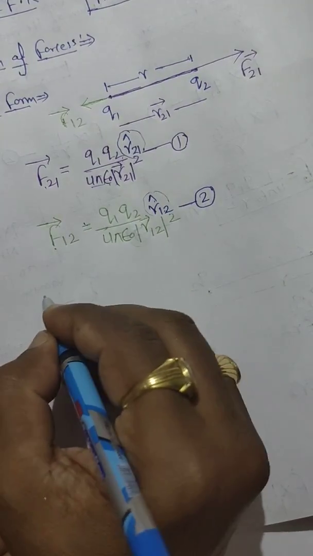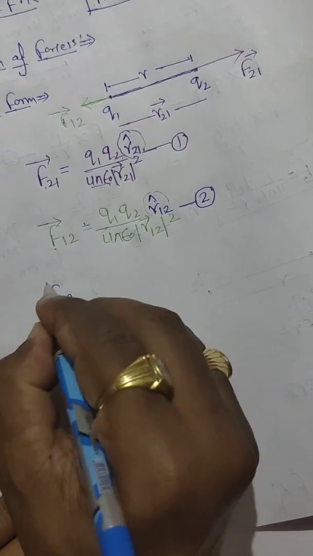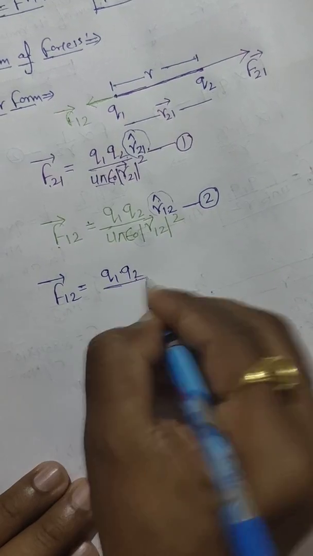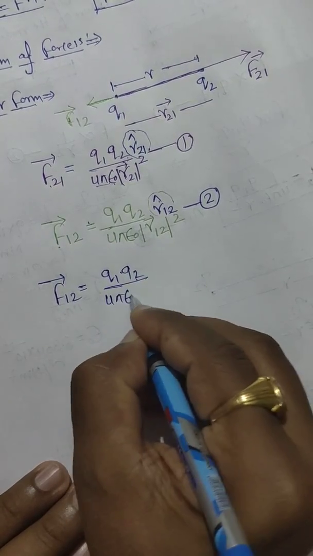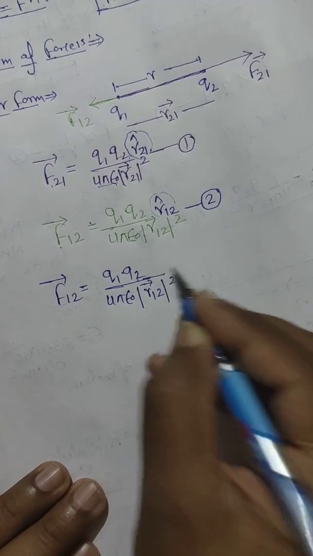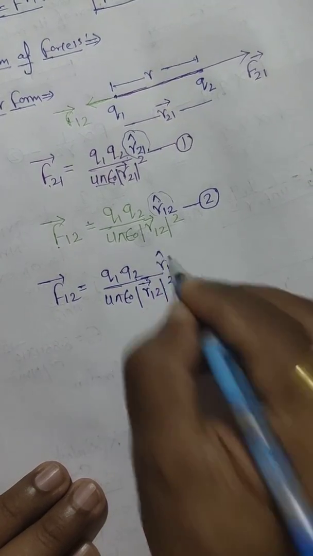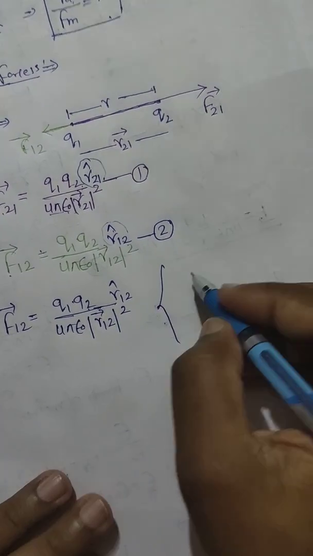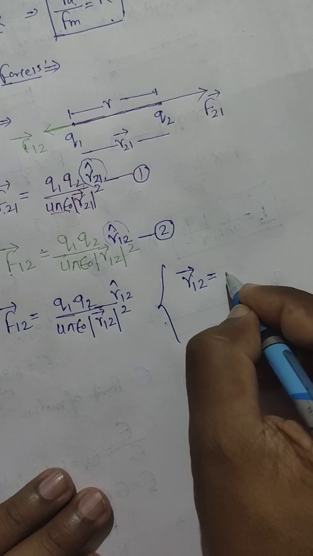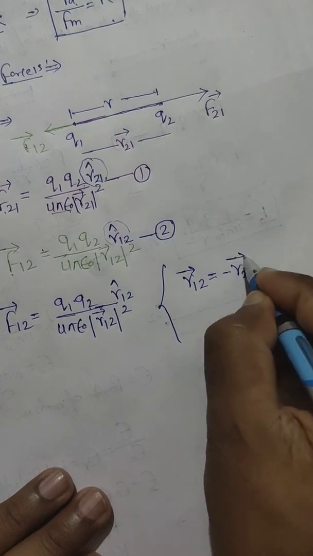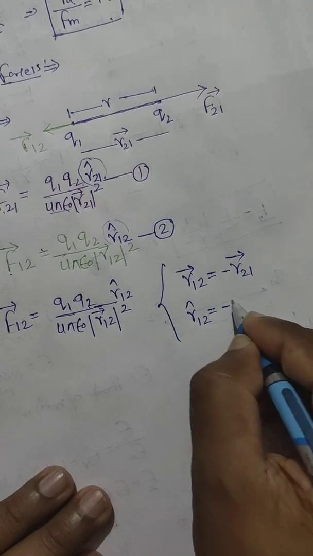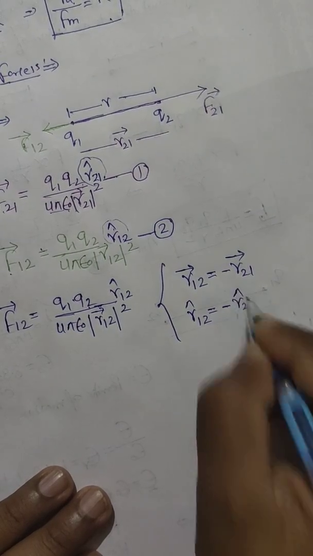Now in this case we can write F12 vector is equal to Q1 Q2 upon 4 pi epsilon naught mod R12. According to vector, R12 vector is equal to minus R21 vector, or in another way R12 cap can also be written as minus R21 cap.